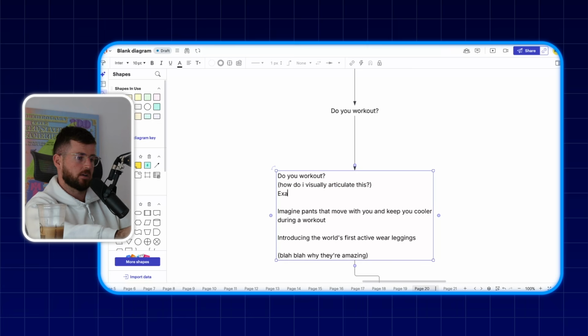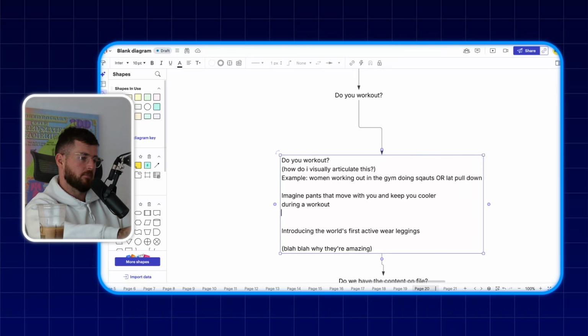So in this example, it would be, okay, do you work out? Well, one, we want to target women, for example. So a woman working out in the gym doing probably squats or a lat pull down. Now it's like, all right, imagine pants that move with you and keep you cooler during a workout.